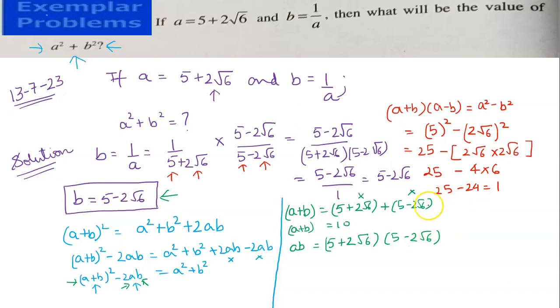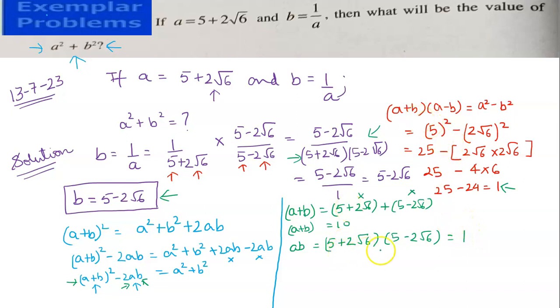Simple. We have already solved this, (a + b)(a − b). When we solved it, what did we get? 1. So (a + b)(a − b) is already solved, 1.